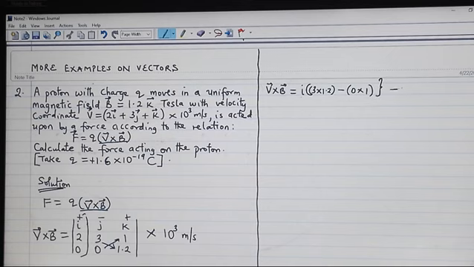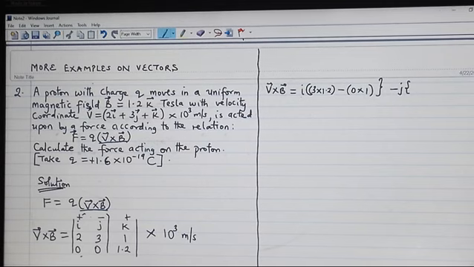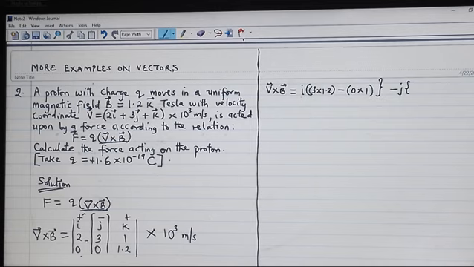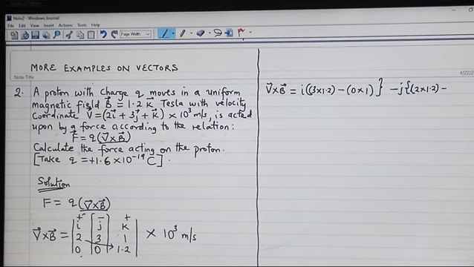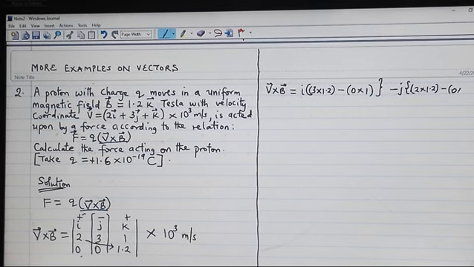Close this, minus j into, if you are using j, then you release i and you block that of j. So you exclude j and multiply the other 2 columns diagonally. So you have 2 times 1.2 minus 0 times 1. This is what we mean, 0 times 1.